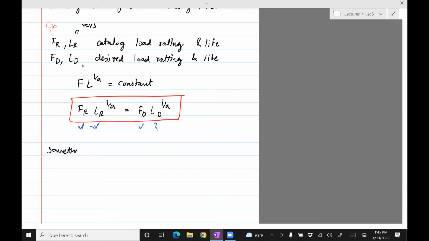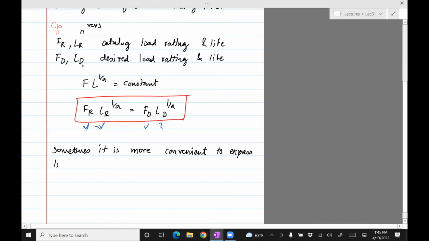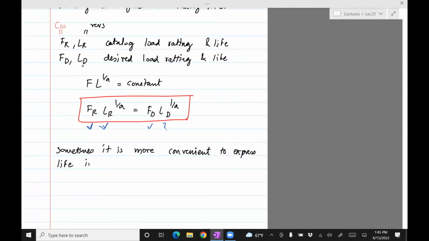Sometimes it is more convenient to express life in hours. For this, we'll use a different symbol, I call it capital L here, different from the small l, the L I've been using.